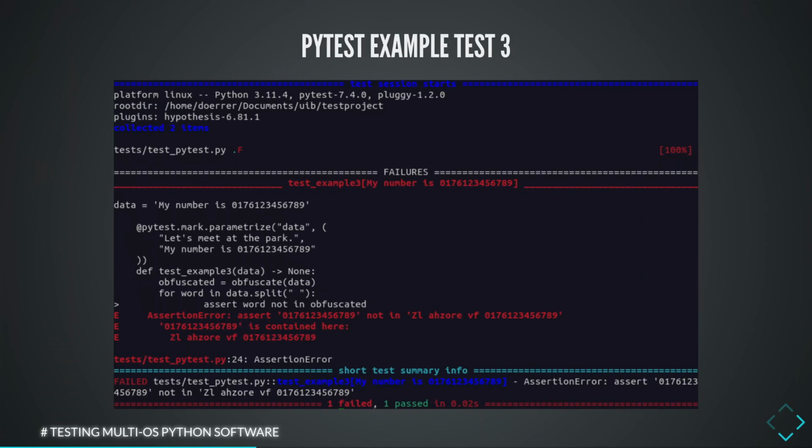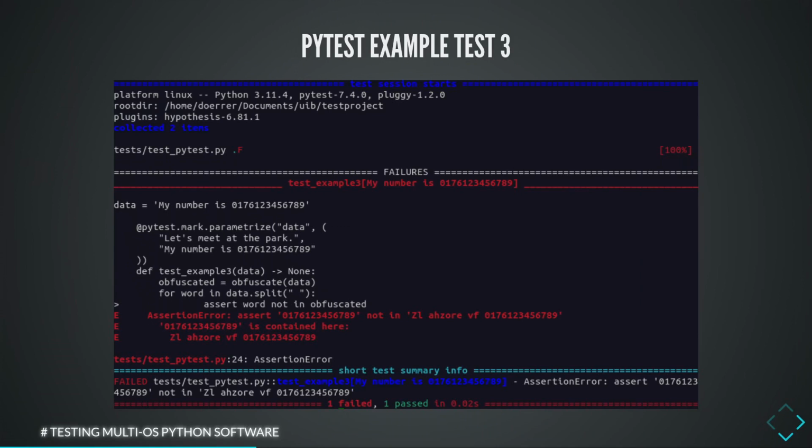the obfuscated output. And this failed because the telephone number does not contain any letter characters, and there was no defined change for digits, so the digits remain the same in the output. And this is the result.